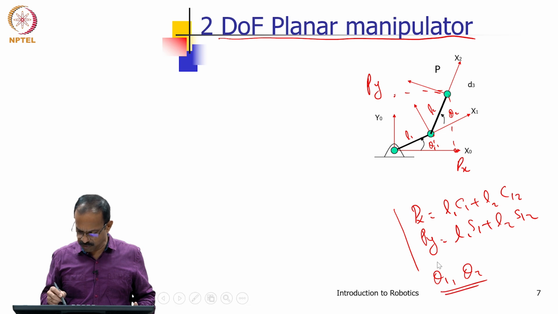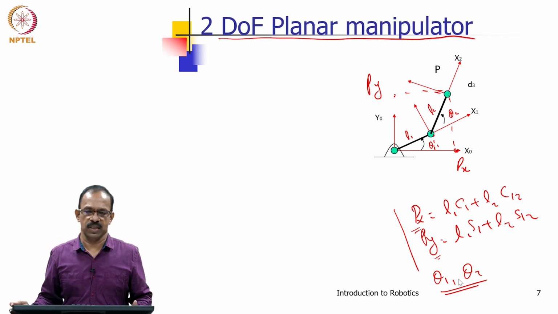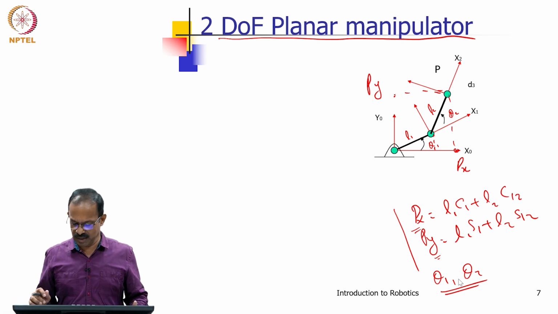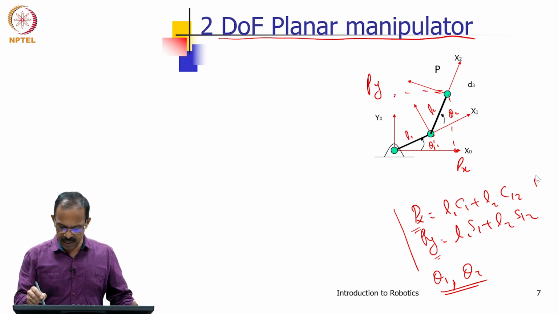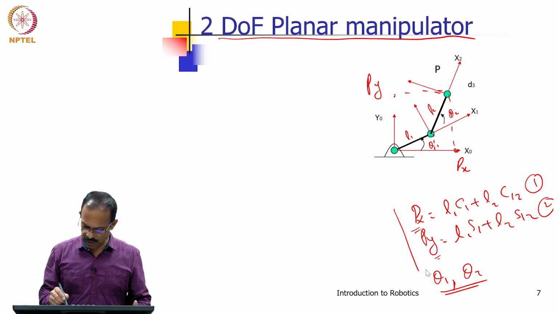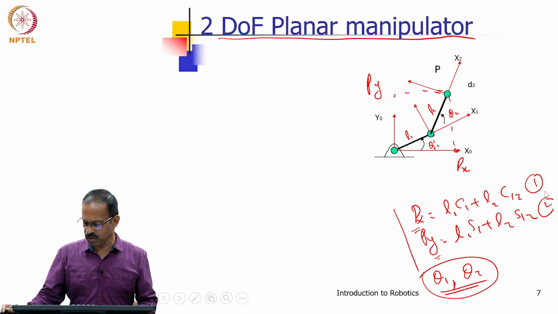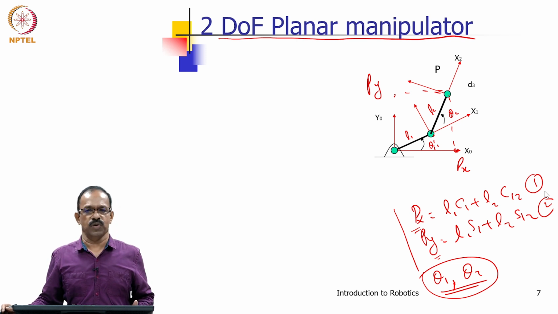For any value of px and py, how can you get theta 1 and theta 2? That is the position part. We are looking only at the positioning part here, just to give the feel of how we solve it. So theta 1 and theta 2 are to be solved. Here is equation 1 and this is equation 2. How do we solve for theta 1 and theta 2, because we have only these two equations, L1 C1 plus L2 C12 and L1 S1 plus L2 S12.